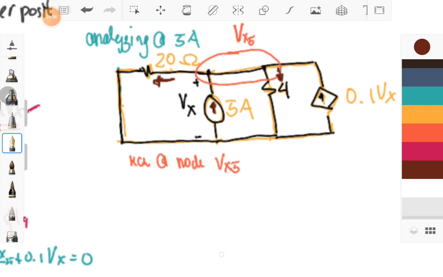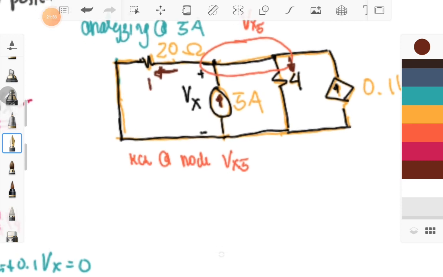Okay, so let's say this will be my I20 and this will be my I4. So we'll have a current going out to node. We have negative I20 ohm plus our 5 ampere. It is going into our Vx5, and then minus I4. It's going out the node plus 0.1 Vx equals 0.